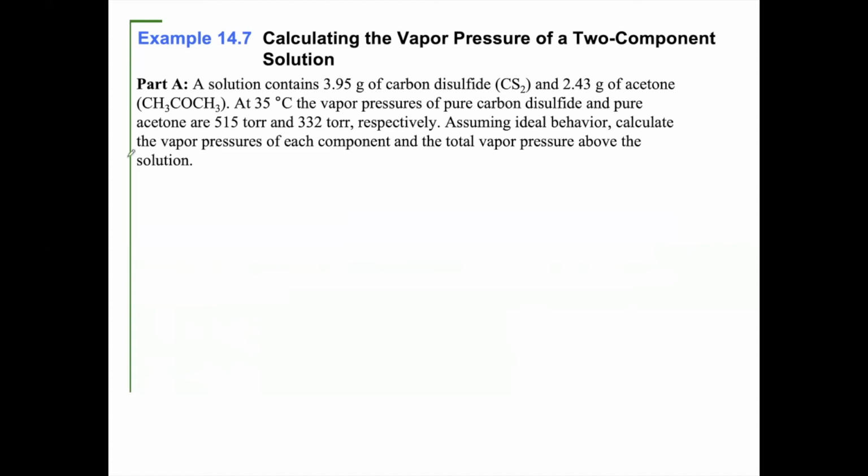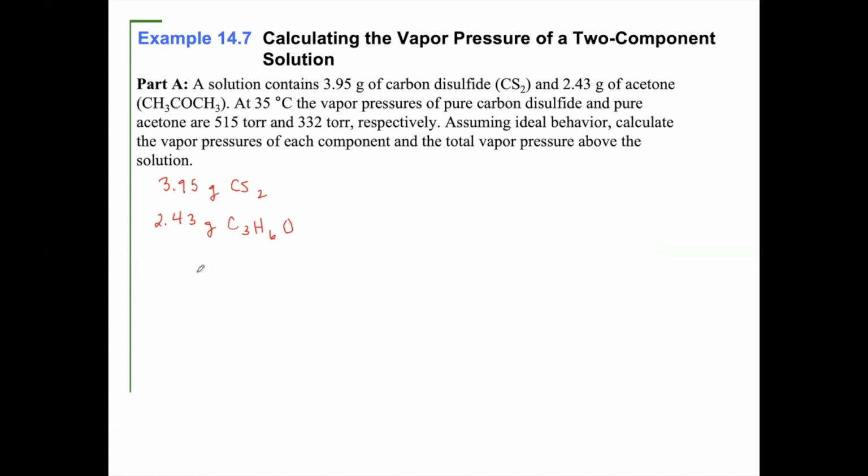So, let's write down what we've been given in the problem. 3.95 grams of carbon disulfide, 2.43 grams of acetone. The formula for acetone is C3H6O.